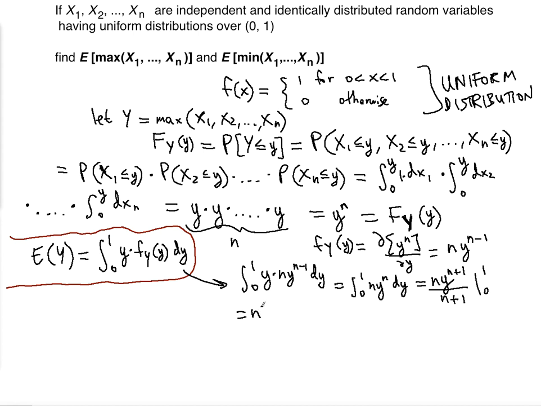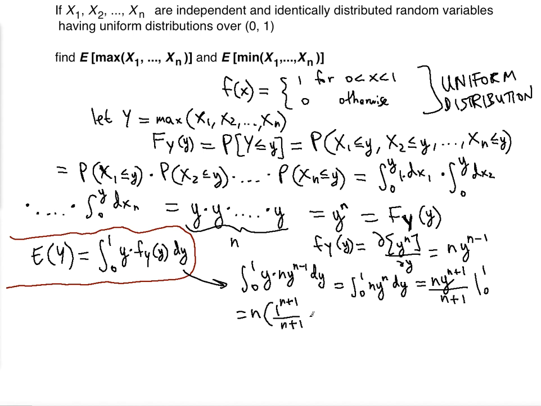Substituting y with 1, we get n times 1 to the n plus 1 over n plus 1.